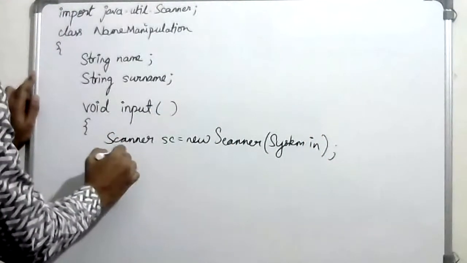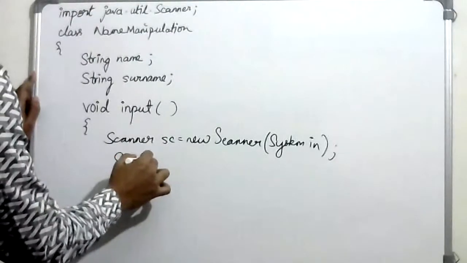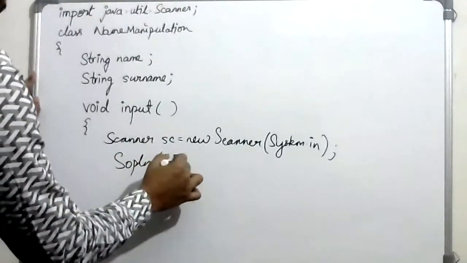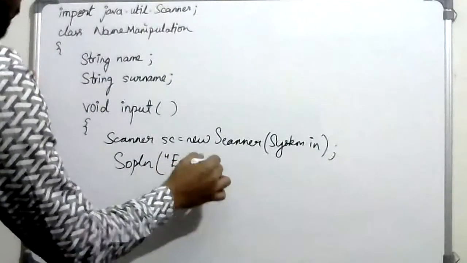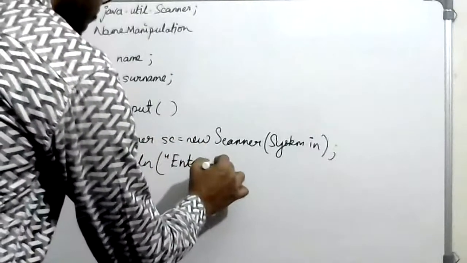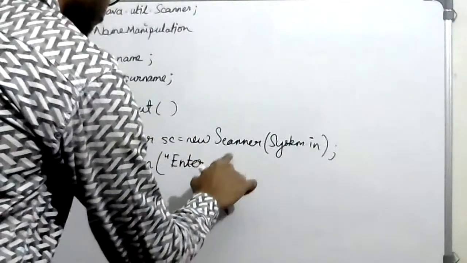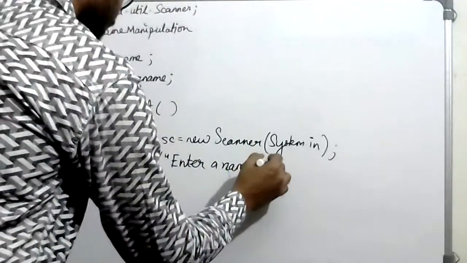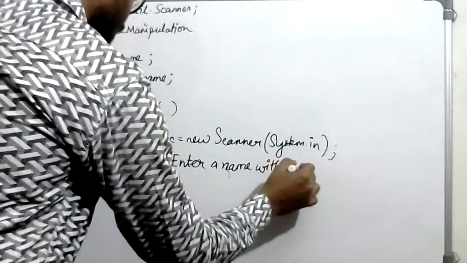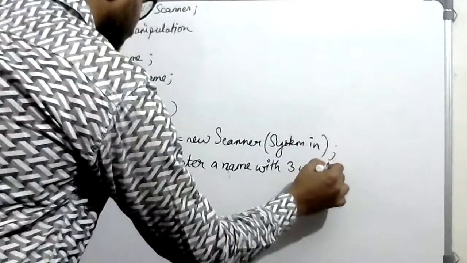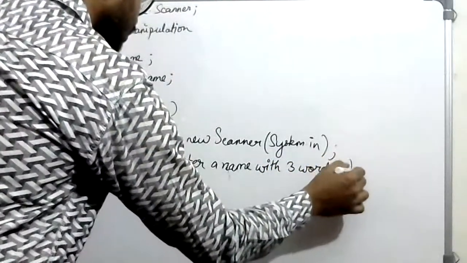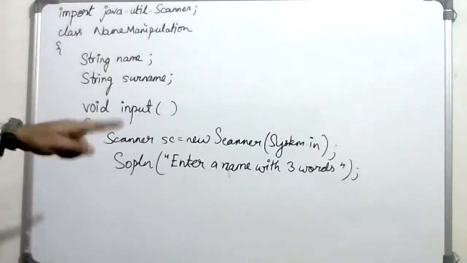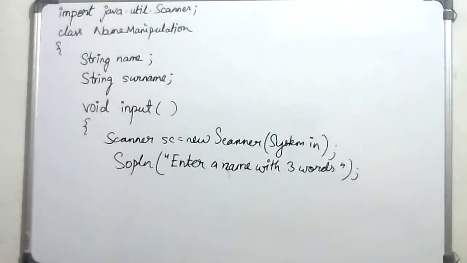So I'll have an SOPLN statement: enter a name with 3 words. So specifically I mention it to the user to enter 3 words.